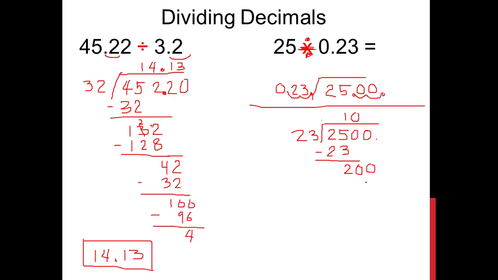And then in 200, there must be 8. So let's try 9. 9 times 3, that is 27. So it's more than 18. Yeah, it's more than. So that's 8. So this is 8.